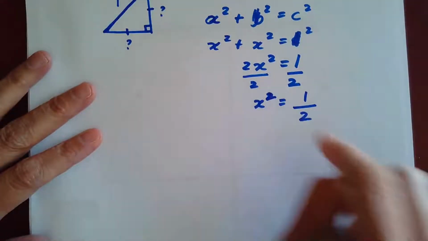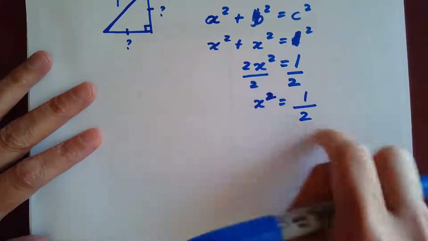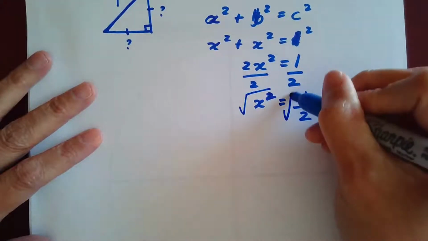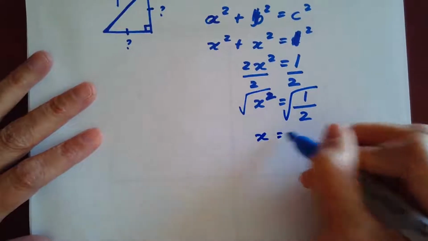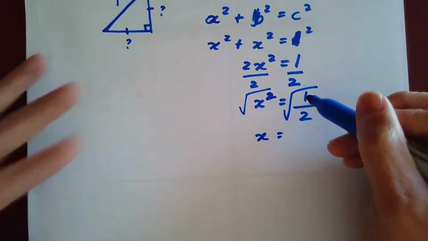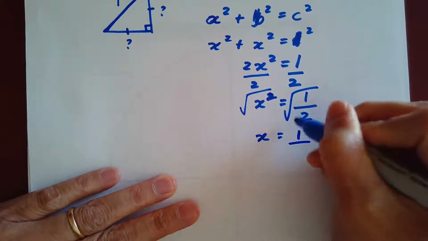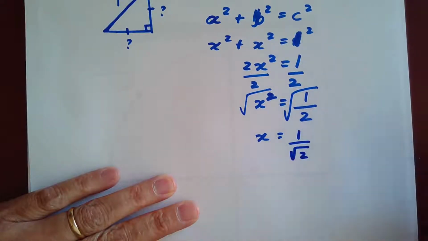The next thing we have to do is take the square root on each side of the equation. So x is the square root of 1, which is 1, over the square root of 2.